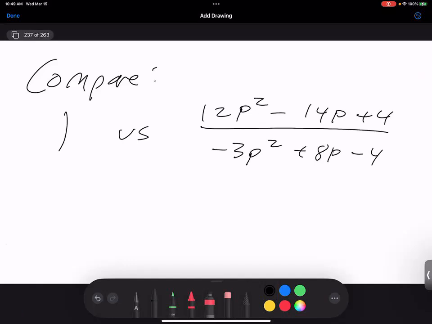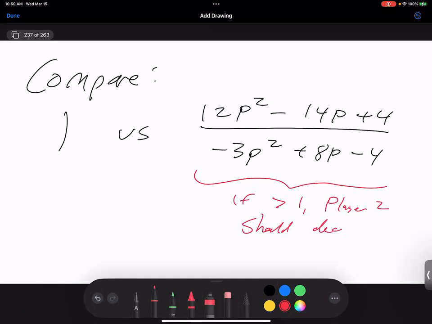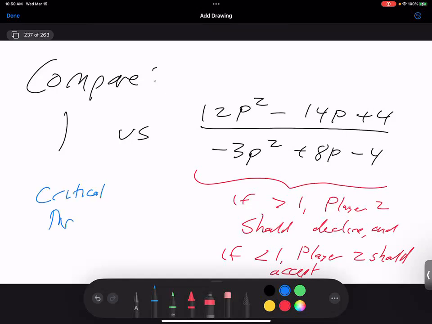So if the expected value of player 1, if this expected value is greater than 1, player 2 should what? Reject, decline. And if it's less than 1, player 2 should accept. And so what's the critical threshold? So 5 seconds left. What's the critical threshold? When equal.